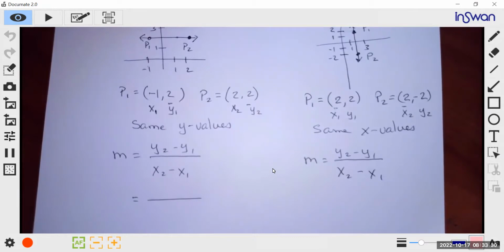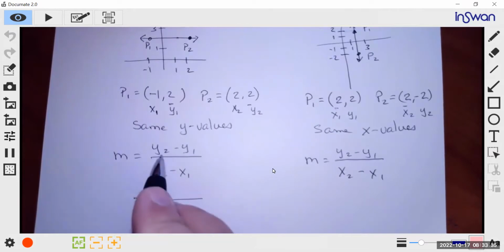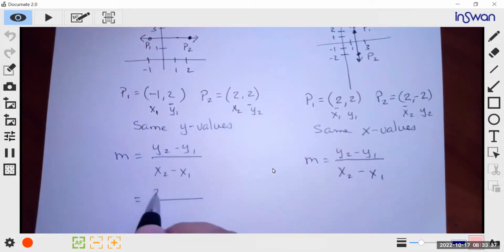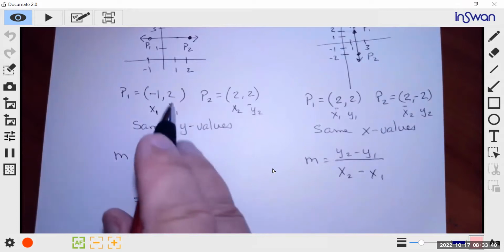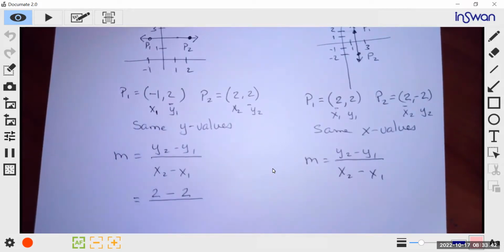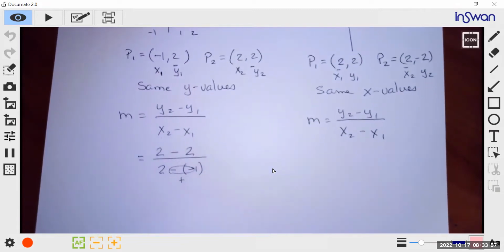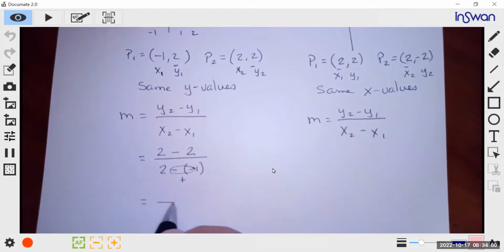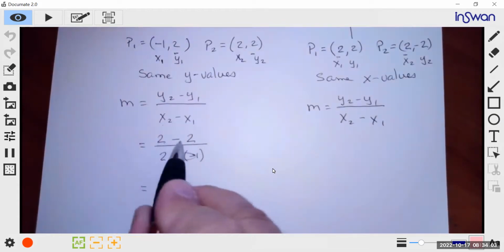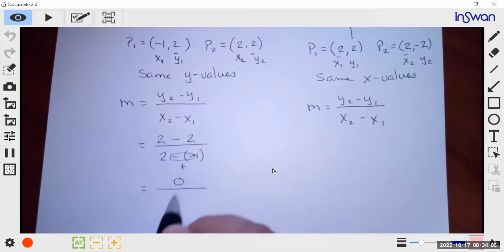So let's plug in the values for the horizontal lines. y2 is 2 minus y1 is 2, over x2 is 2 minus x1 is -1. And 2 negatives become positive. 2 minus 2 is 0. 2 plus 1 is 3.